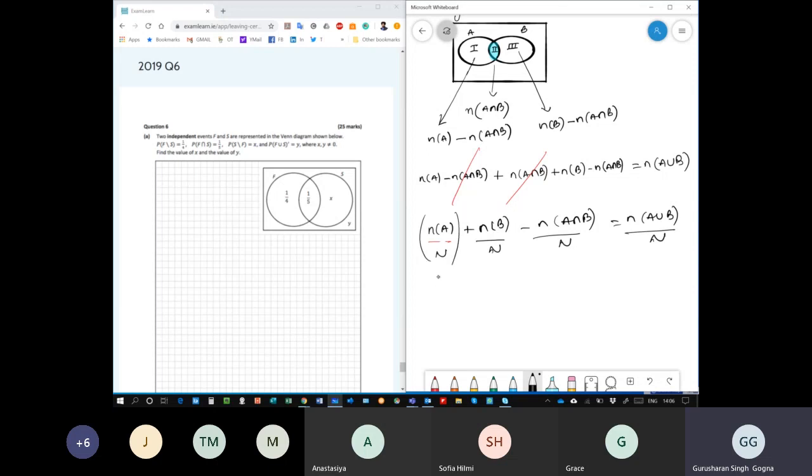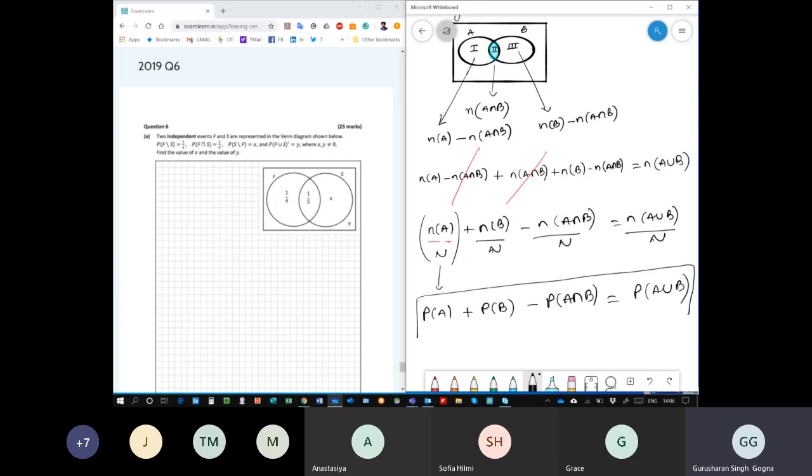This will represent probability, because probability means number of outcomes over total outcomes, or number of favorable outcomes over total outcomes. So this converts into an equation which represents probability of A, or occurrence of A, plus probability of B minus probability of occurrence of A intersection B is equal to probability of A union B.